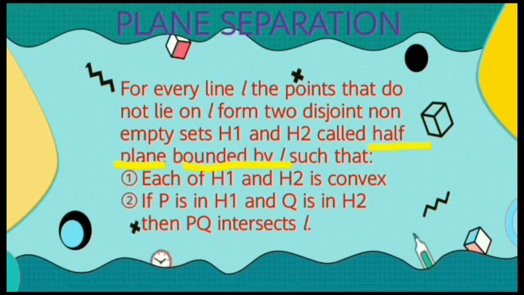And second, if P is in H1 and Q is in H2, then segment PQ intersects L. Convex means that if P1 and P2 are in H1 or H2, then all of segment P1P2 is in H1 or H2.